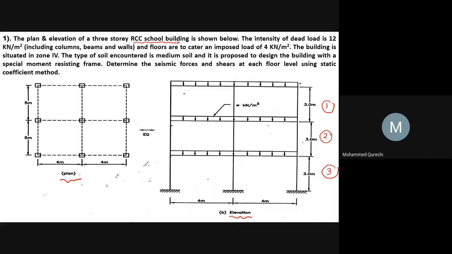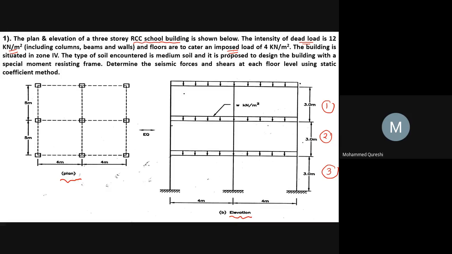This parameter will help us for getting the value for importance factor. Then the intensity of dead load is given as 12 kilonewton per meter square, including columns, beams, walls, and floors, which are to cater an imposed load of 4 kilonewton per meter square.